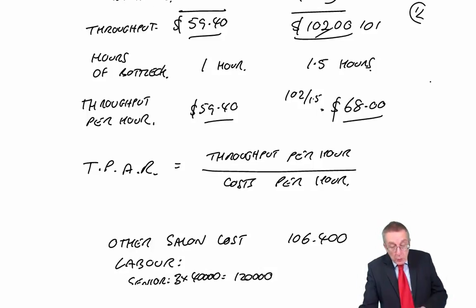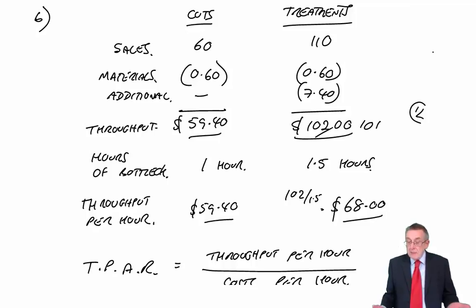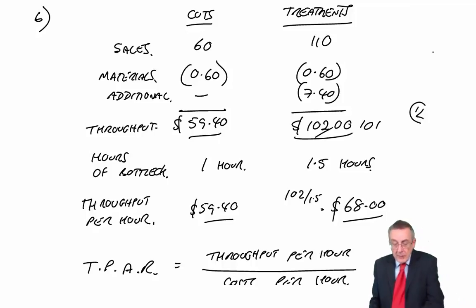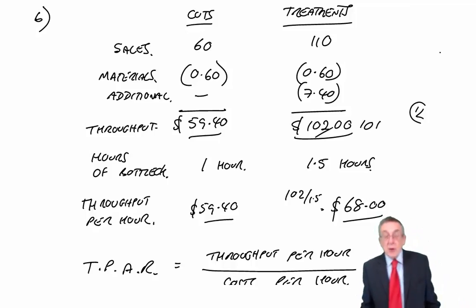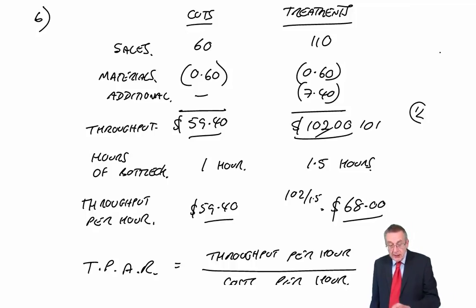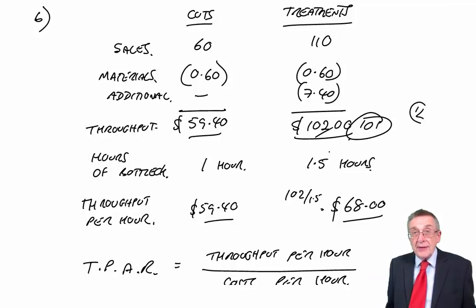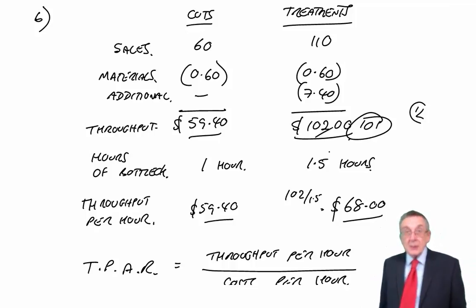But that only works if the examiner, the marker, can see what you're doing. If you're just a whole load of figures everywhere, and you make that one silly mistake and your final answer's wrong, they can't give you many marks. The way I've set it out, it's perfectly clear at each stage what I'm doing. Again, if I'd added up wrong here and got the wrong figure, half a mark, that's all.